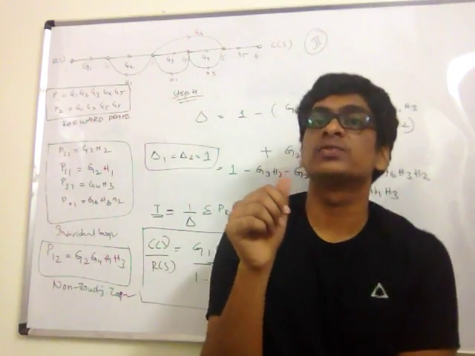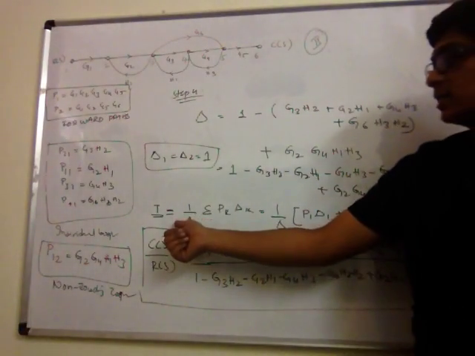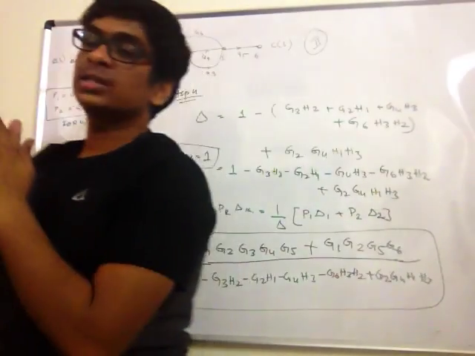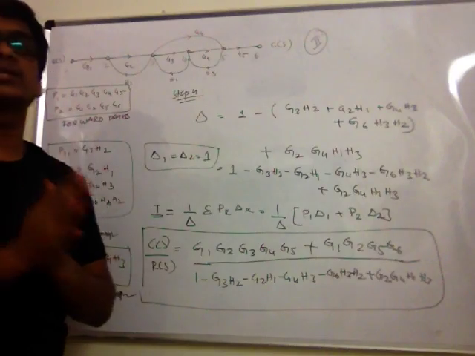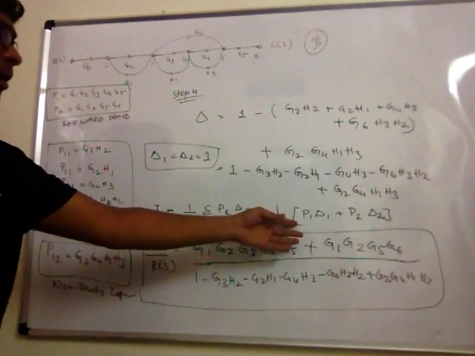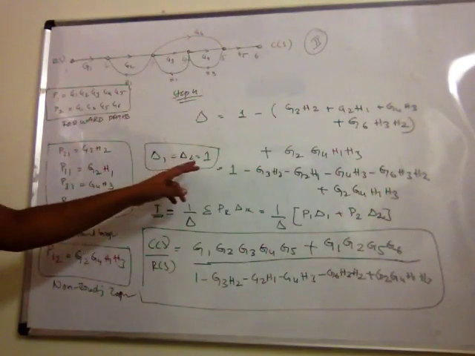Now step 5 is finally putting Mason's gain formula into practice, and that is equal to 1 by delta sigma Pk delta k. And after that, all you need to do is substitute the values of P1, P2, delta 1 and delta 2. And how do you find out delta 1 and delta 2?